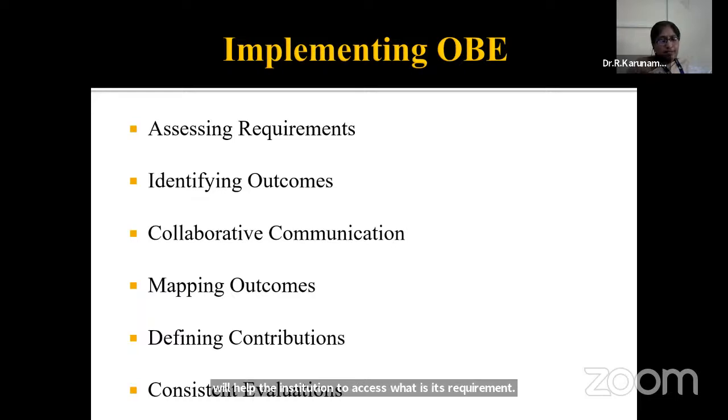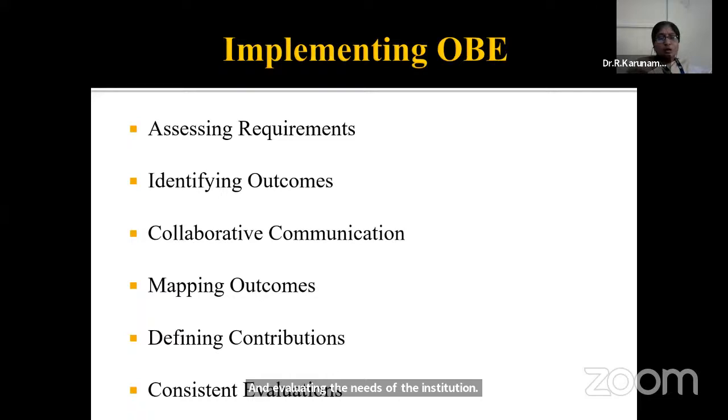The second step is to define the outcomes clearly. We can do this by analyzing the information collected from various stakeholders and evaluating the needs of the institution.